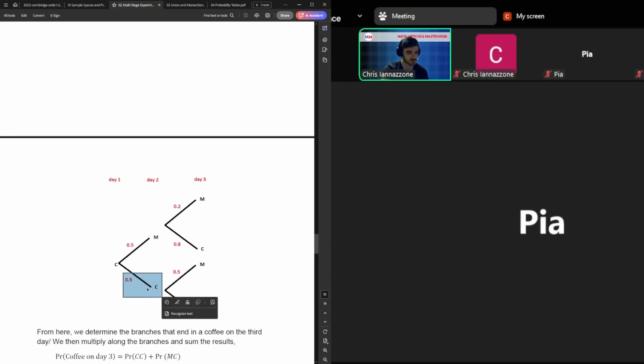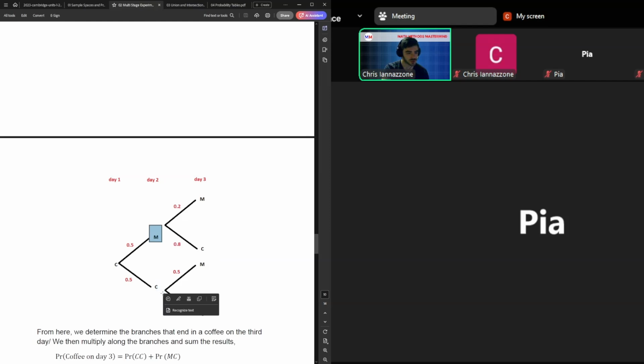Next day of a coffee, 0.5 chance. Now, we're only told the probability of this one occurring, but using our complement probabilities idea, we know that all the possible outcomes need to add up to 1. Hence, the probability of the pie, the meat pie, that's why it's M, would be 0.5. 0.5 plus 0.5 makes 1. So that gives you branch setup number 1.